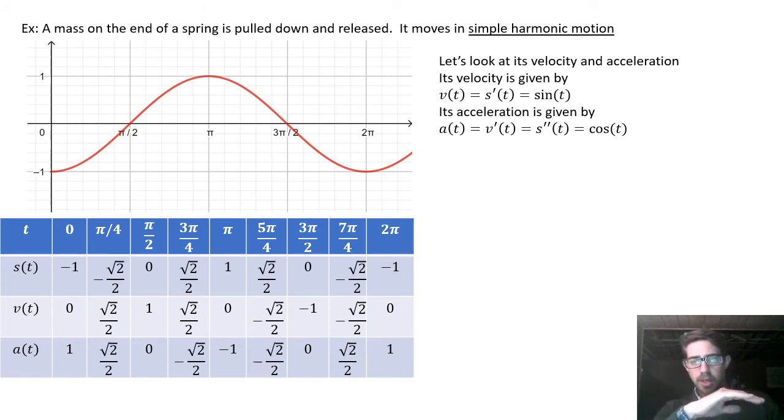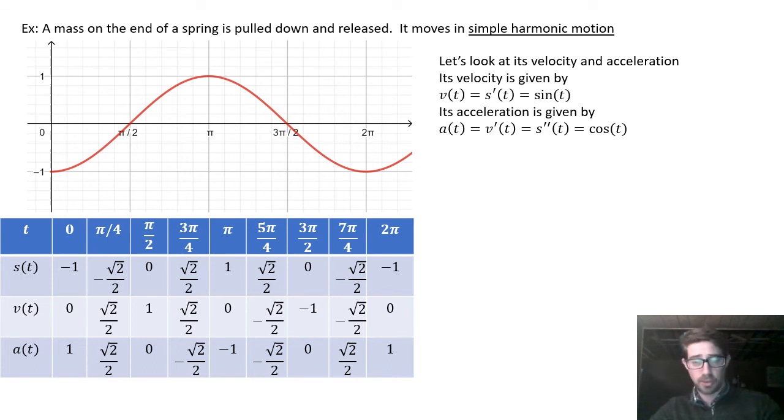Right after that, at 3 pi over 4, the acceleration becomes negative, because while the spring is traveling up, it has to slow down. The spring's traveling up, the acceleration is negative, pulling down, that means it's slowing down.